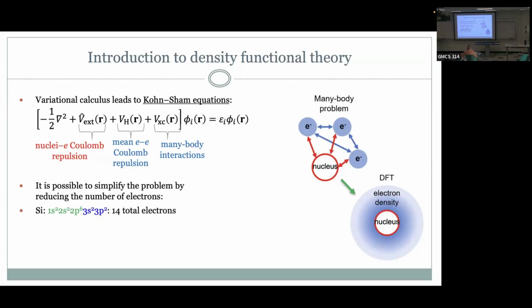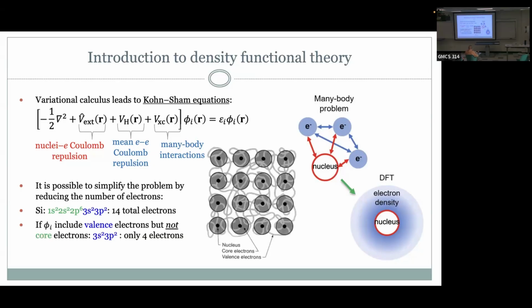For example, in silicon, we have for a silicon atom 14 electrons, but the first 10 electrons don't contribute much to chemistry or bonding or solid state physics, right? So instead, we can include only the valence electrons, but not the core electrons. So we combine the core electrons with the nucleus of the atom.